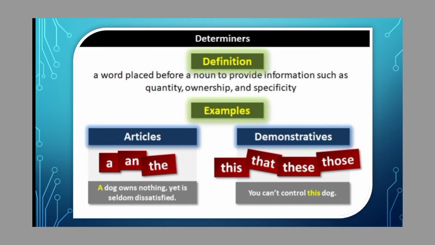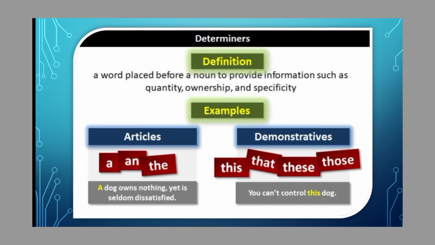And ownership comes under possessions: mine, hers, my, your, their, like that. And specificity means uniqueness: this, that, like that.